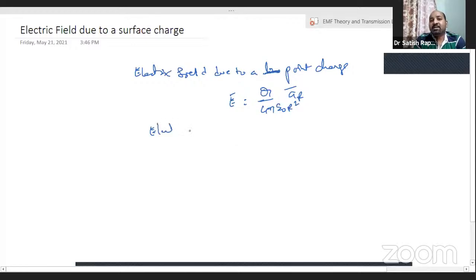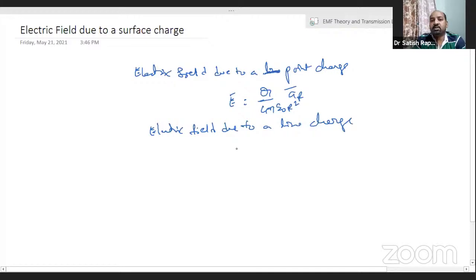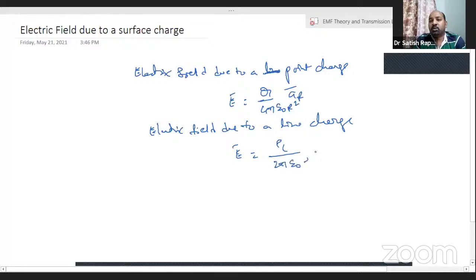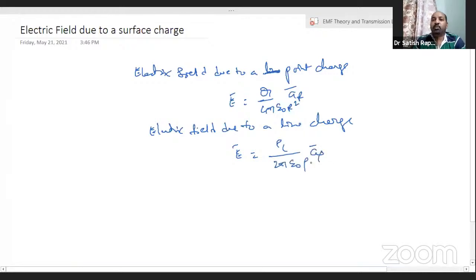Similarly, electric field due to a line charge is given by rho L by 2 pi epsilon naught rho A rho bar. So these are the two important expressions we have determined.